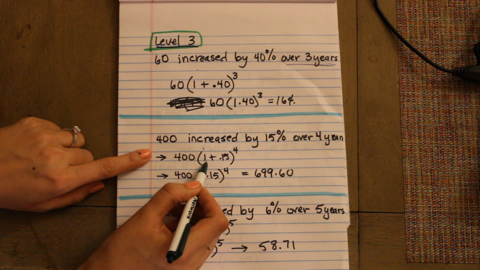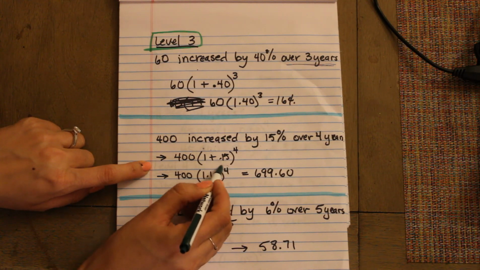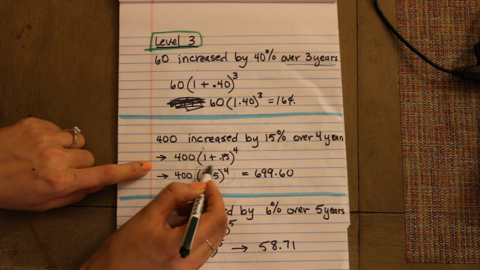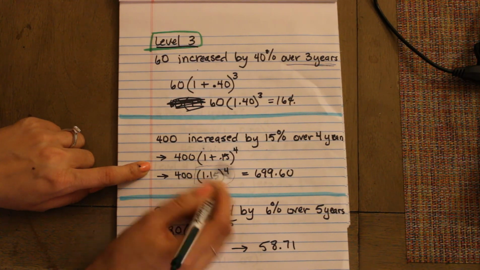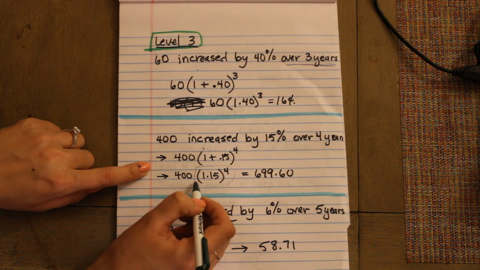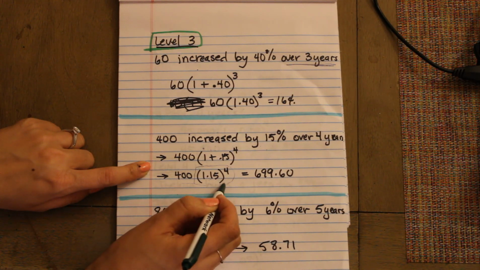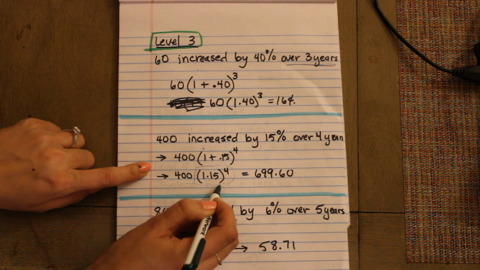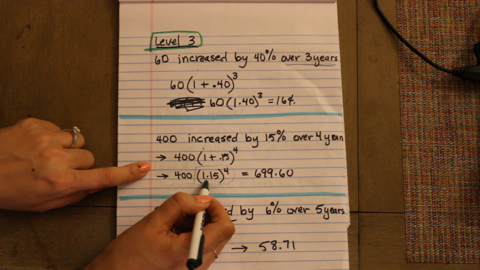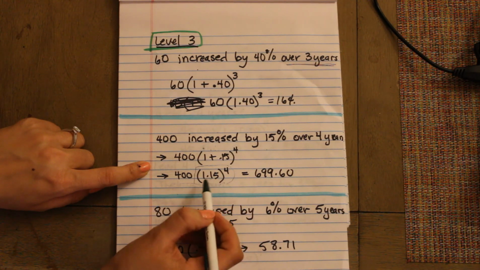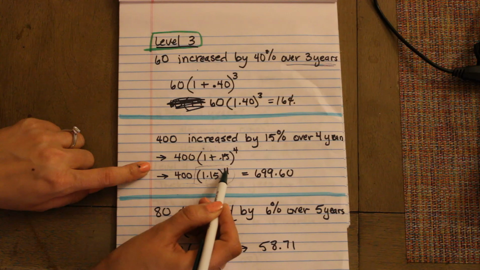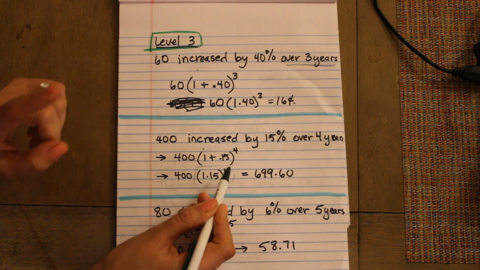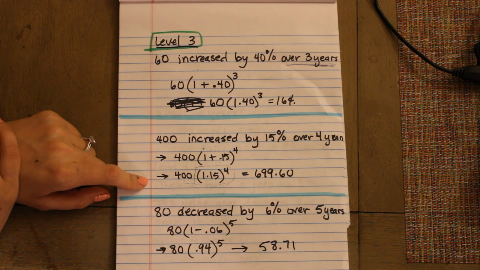PEMDAS says that we must do that. Then I'm going to worry about the exponent part. Do not multiply the 400 and the 1.15 and then take it to the 4th. If you put it directly in your calculator like this, the calculator will know to do this part first. If you're going to do it separately, then do 1.15 to the 4th power first, then multiply that answer by 400.